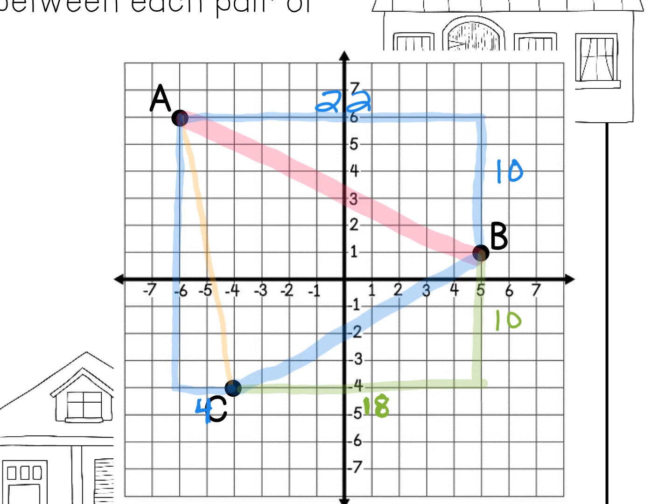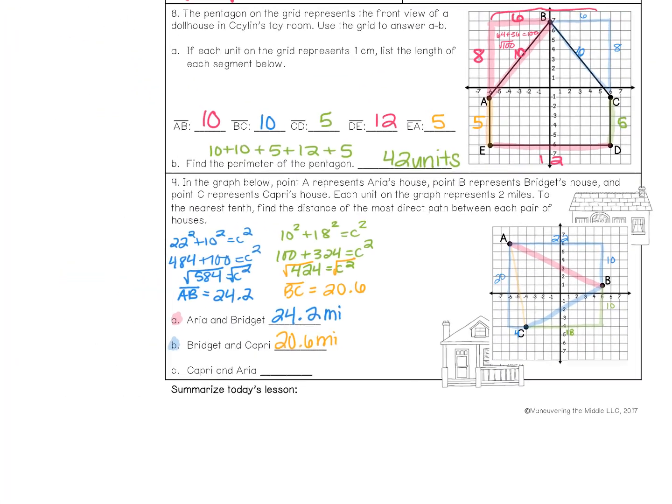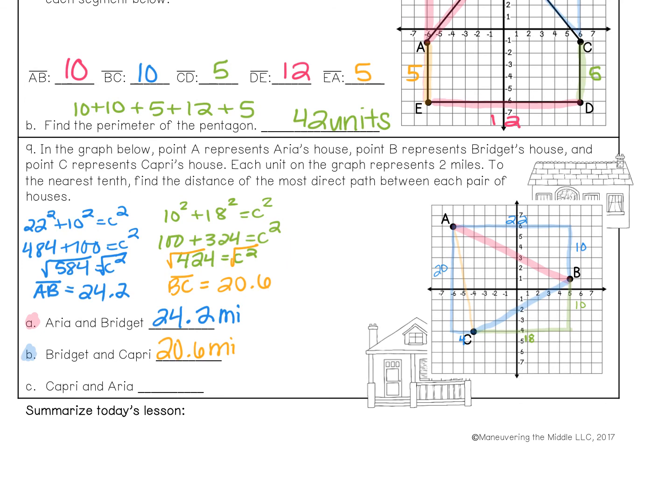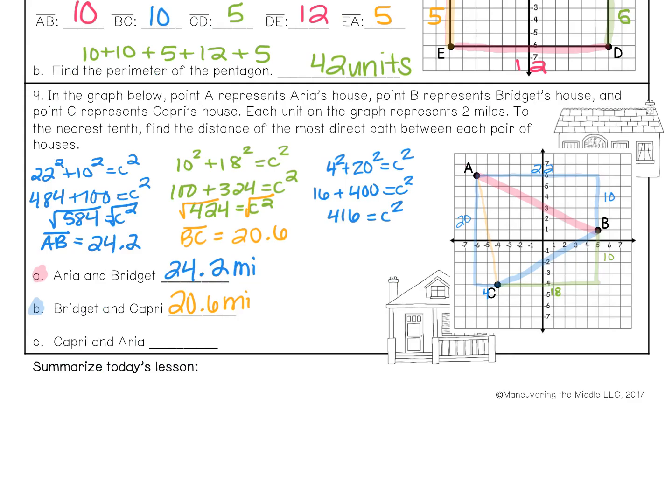And a side of 10, which is actually 20. So 4 squared plus 20 squared. So 16 plus 400. And when I find that square root, I get approximately 20.4.